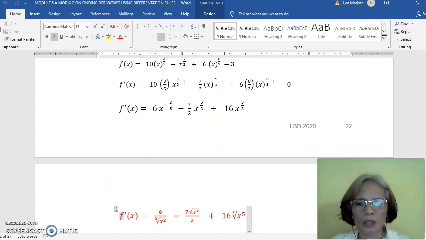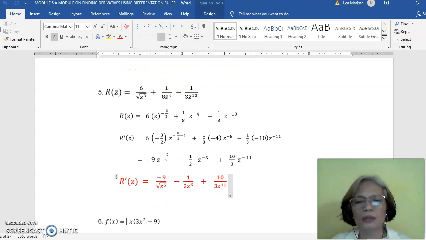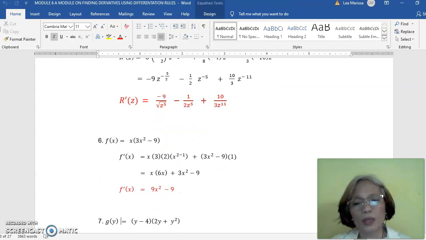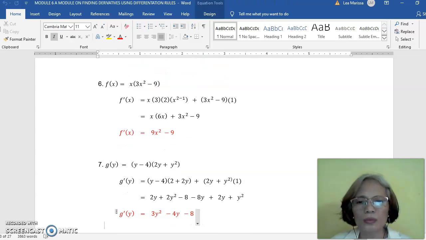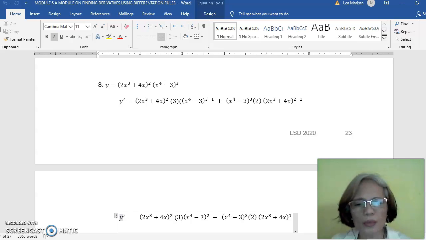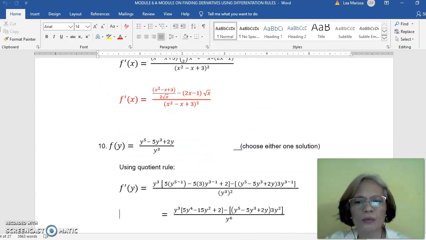Okay, so that the learners will be able to follow. Should they, for example, commit mistakes, what's the wrong concept, they should be able to see that in the solution.